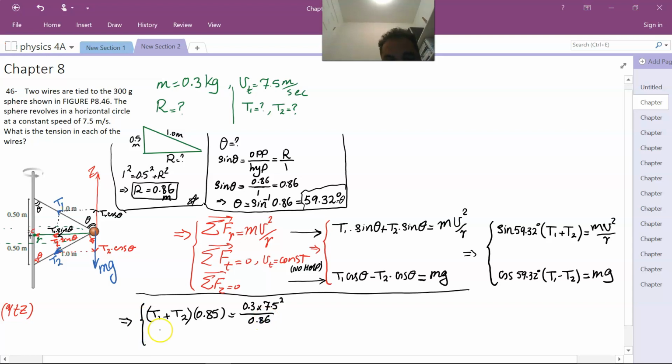At the same time, I am going to have T1 minus T2, cosine 59.32 is 0.51, equal to m which is 0.3, g is 9.8.